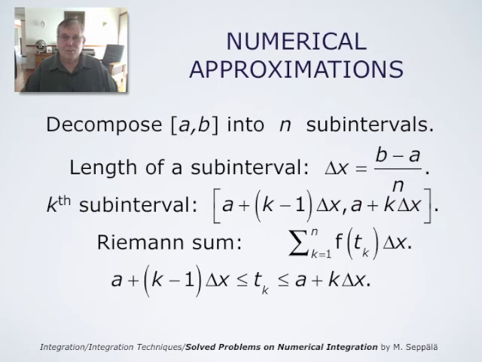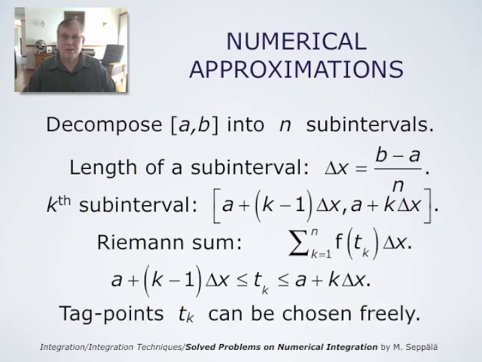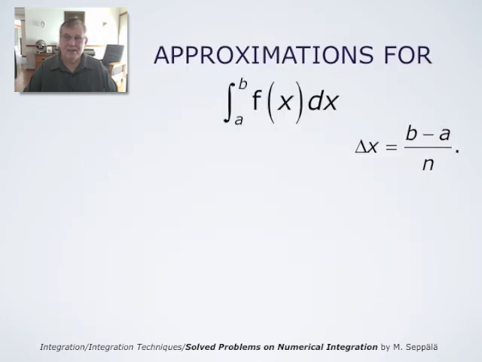And the tag points can be chosen freely. They must be in the corresponding subinterval. So each tk is between a plus k minus 1 times delta of x and a plus k times delta of x. Otherwise, there are no restrictions. And this freedom to select tag points freely allows us various ways to approximate definite integrals.